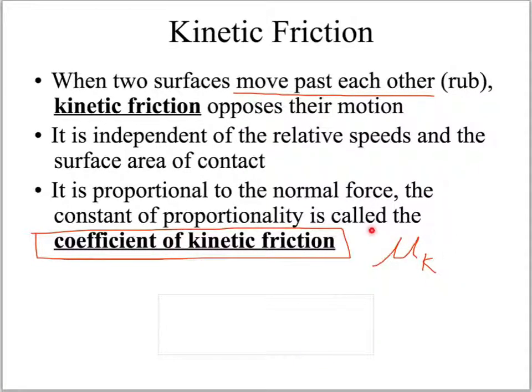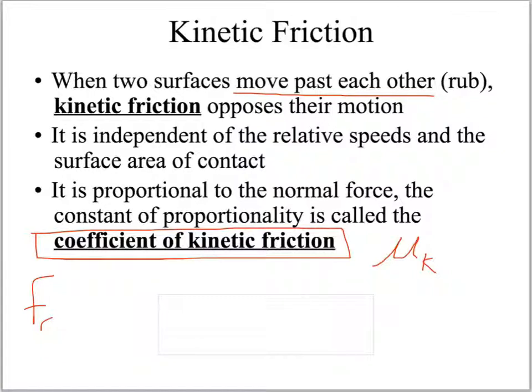What is that? That is a measure of, for lack of a better word, the frictioniness between the two surfaces, or you might say the roughness between the two surfaces. So how does that help us find this friction force? Remember how I said before that we called friction just F sub R?